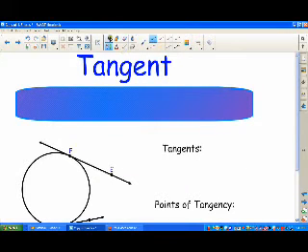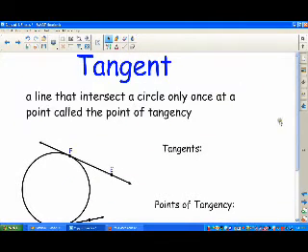Next figure that we'll talk about is a tangent. And you'll talk about tangents throughout math. For us this year, a tangent is just a line that intersects a circle only once. And that point where it intersects the circle is called the point of tangency. You'll talk about it again in pre-calc, calculus, algebra 2, as far as lines that are tangent to quadratics or lines that are tangent to any type of curve, a cubic function, quartic function, whatever.